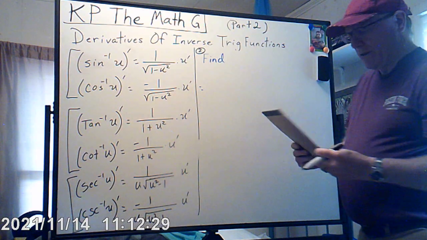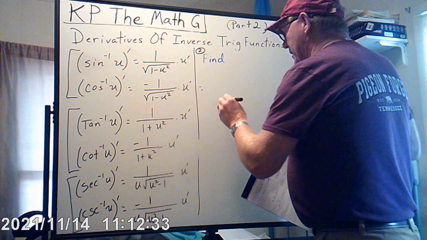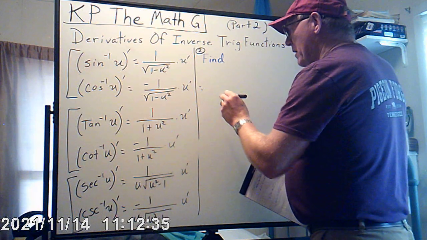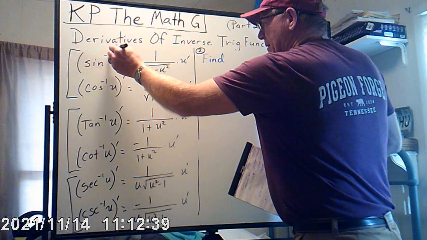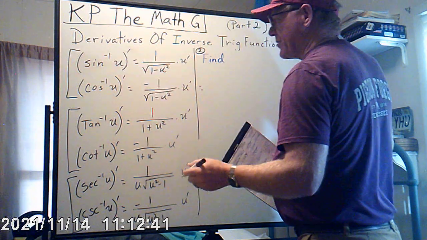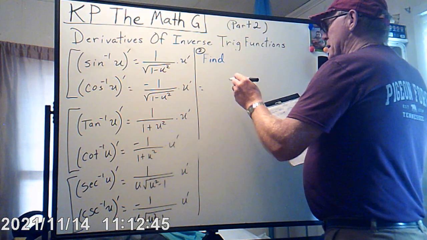Okay, so now let's do something. And I want to say that when we say this dash here, we could very easily put arc something, and I'm going to do this on the last 2 examples.